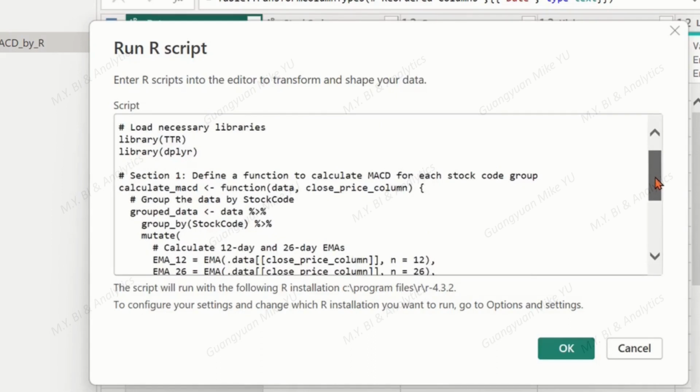Section 1. Define a function to calculate MACD for each stock code group. It groups the data by stock code.